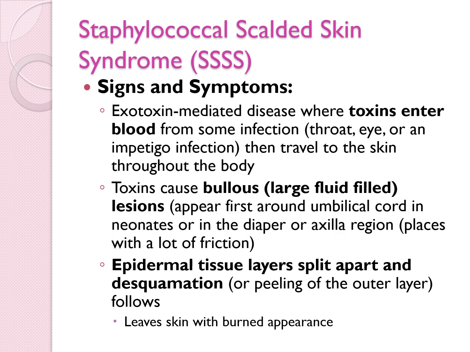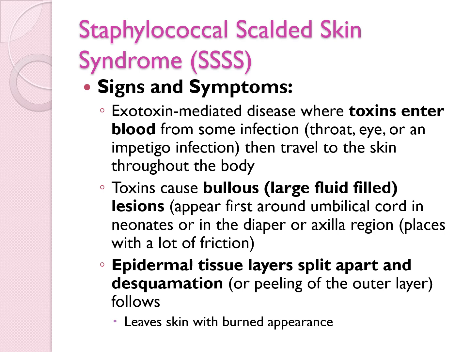There are three main signs and symptoms I want you to know and understand when it comes to staphylococcal scalded skin syndrome. The first is that an exotoxin is produced, and that toxin can enter the blood through some type of infection, possibly from impetigo, and that leads to this SSSS.